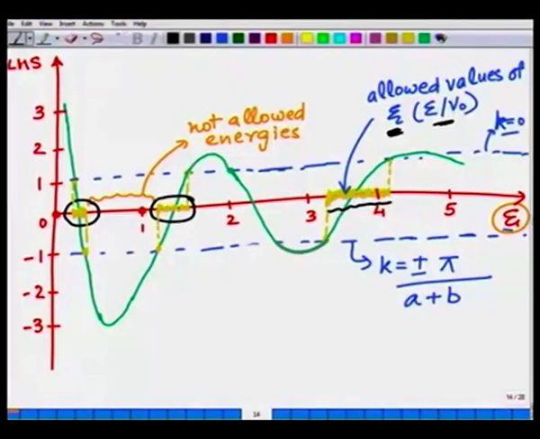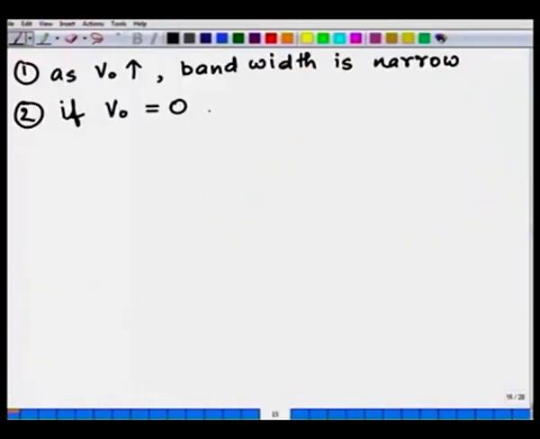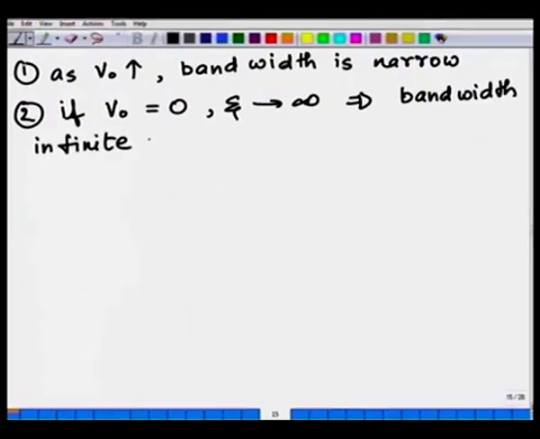So zeta tends to infinity implies the bandwidth is infinite, and that is the case of the free electron as we expected.